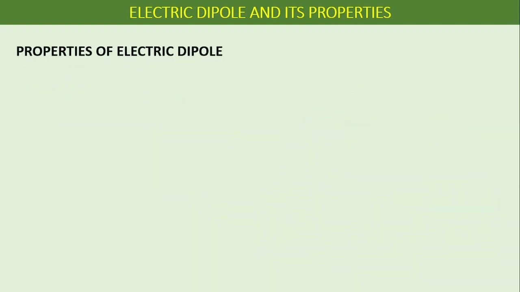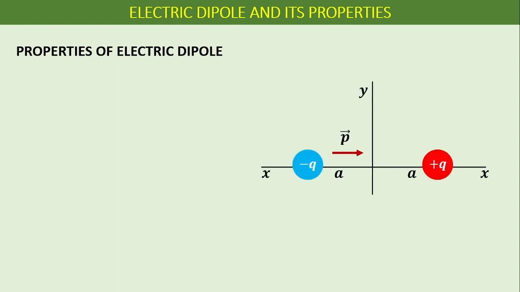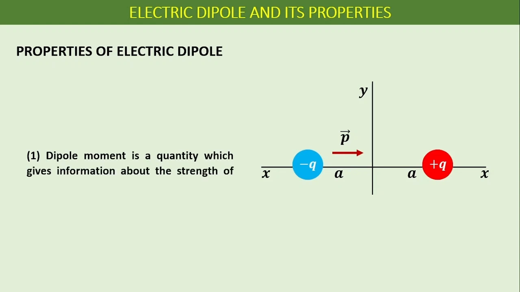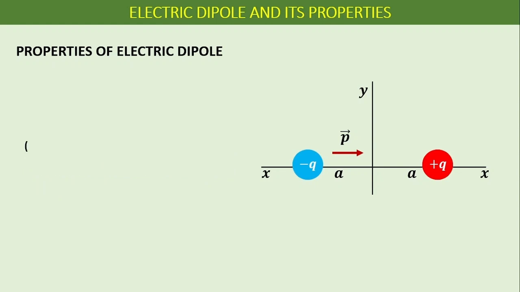Let us go with properties of electric dipole. Dipole moment is a quantity which gives information about the strength of the dipole, whether the dipole is strong or weak, that can be determined with the help of electric dipole moment. Second point.